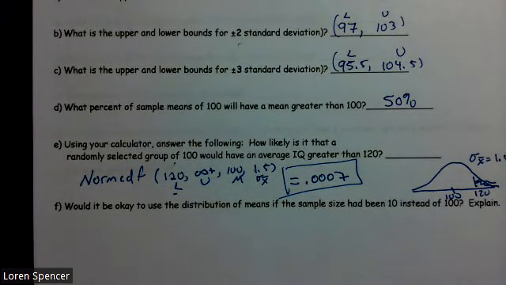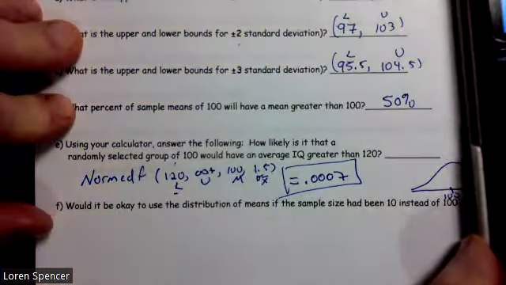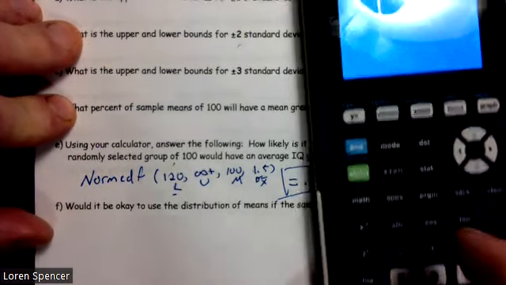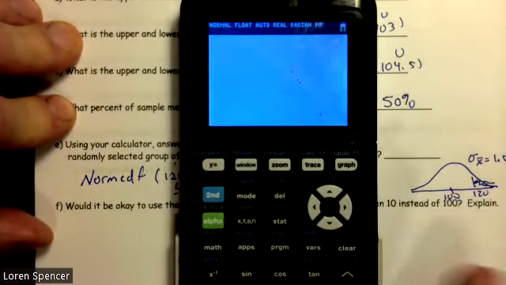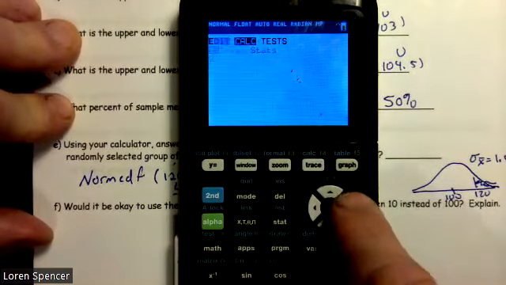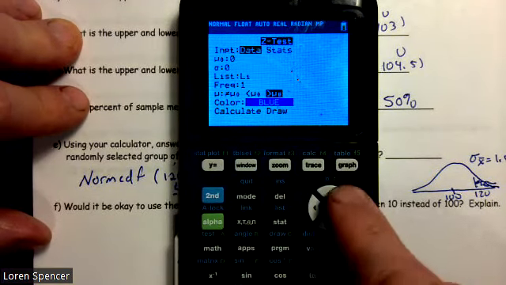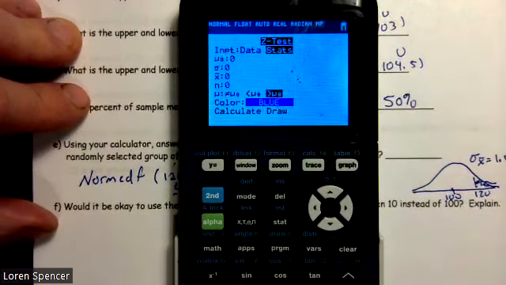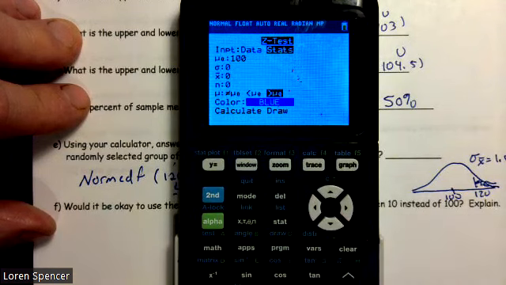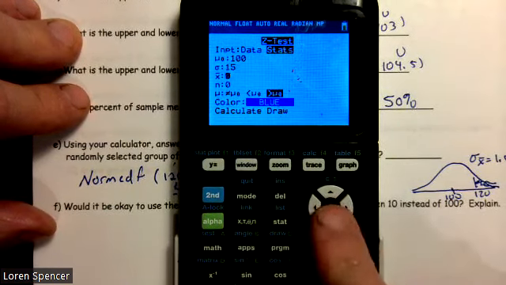I want to show you one other way to do this using the calculator, because this will be the way we normally do it. And that's going to be stats, test, z-test. So stat, test, z-test. We're going to highlight the word stats. Our mean is 100. The population has a standard deviation of 15.